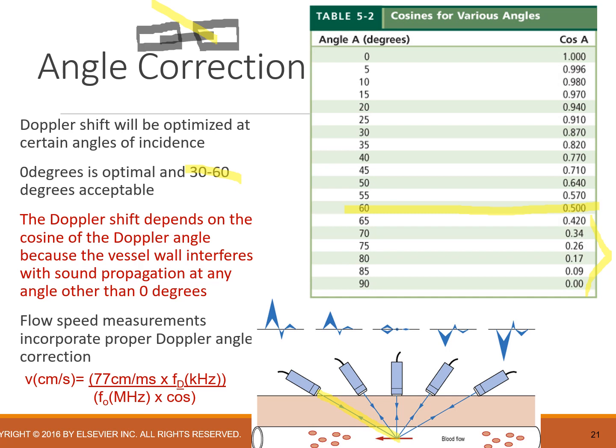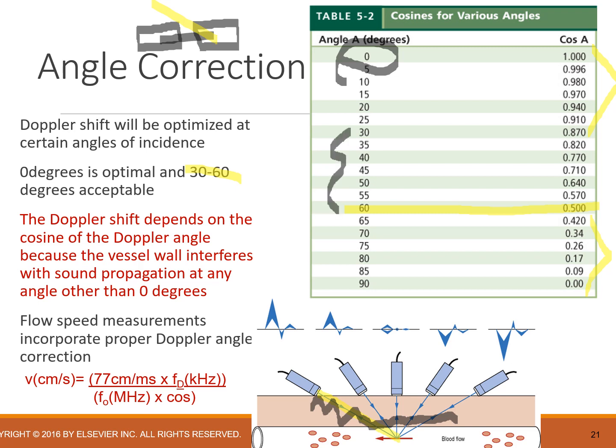We're also discouraged from using a Doppler angle of less than 30, because with a Doppler angle of less than 30, oftentimes the sound wave will come in and basically skip off of the vessel like skipping a rock. And so the data from that less than 30 is not going to be very accurate. So we have this sweet spot where 0 is our best, but if we can't get 0, we want to go from 30 to 60.